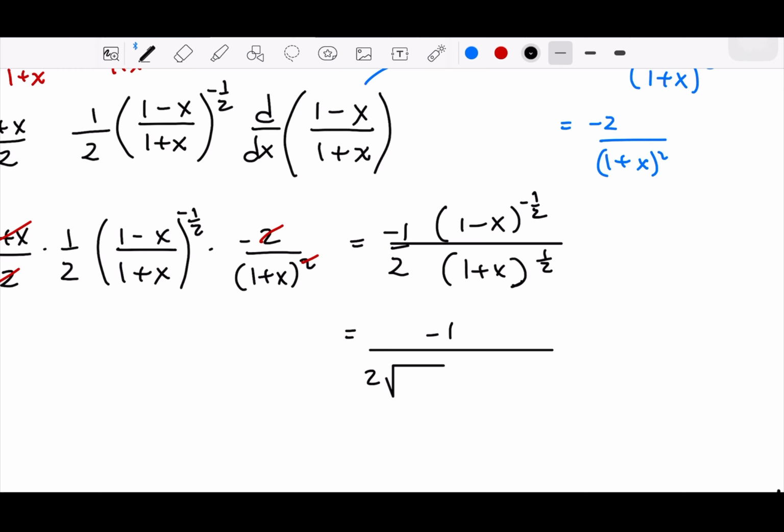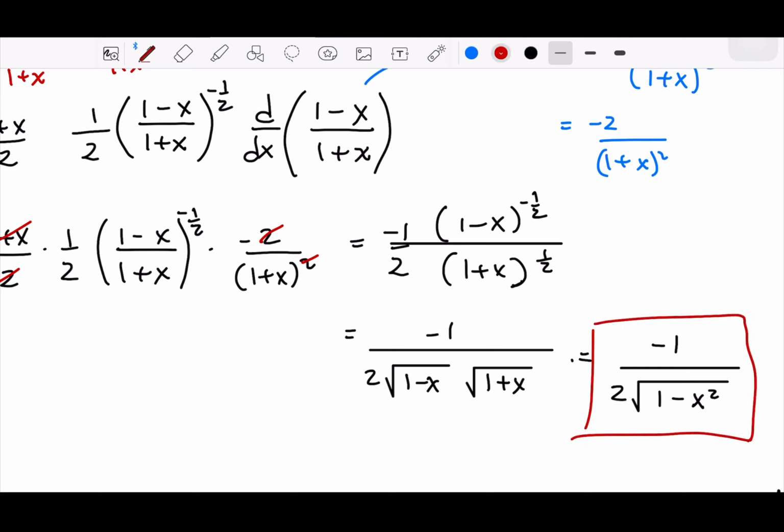So we are going to have first 1 minus x, and the other one is 1 plus x, like that. And we can multiply all together.